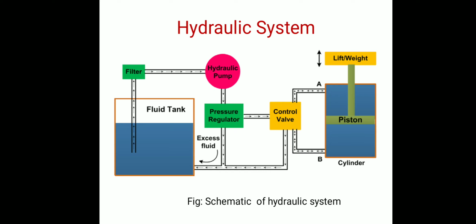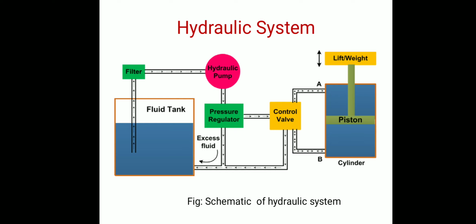The purpose of the fluid tank is to store the fluid, so that it can be supplied to the cylinder piston arrangement. The purpose of the filter is to remove the impurities present in the fluid. Then the fluid will be pumped by the hydraulic pump to the cylinder piston arrangement through the pressure regulator and control valve.